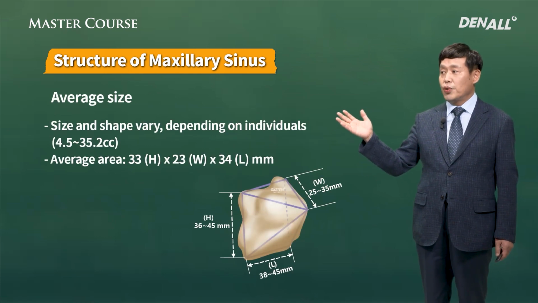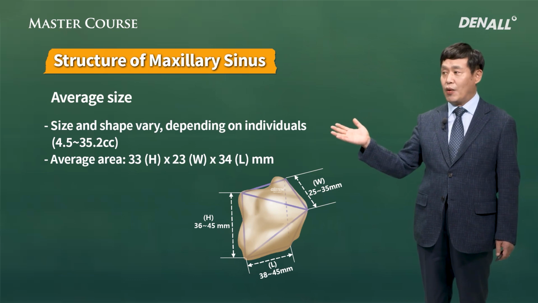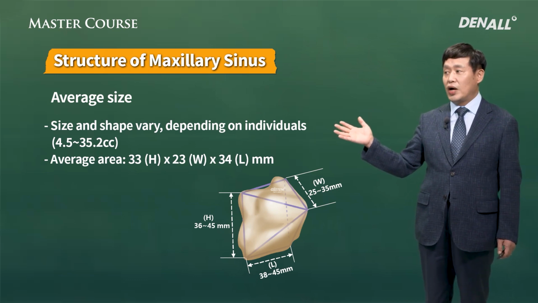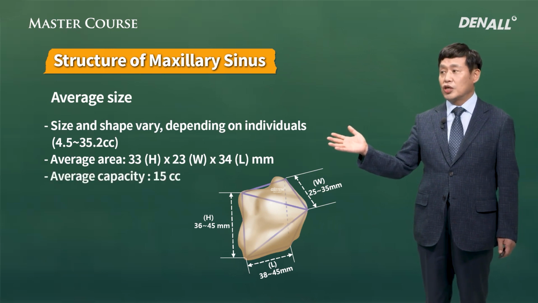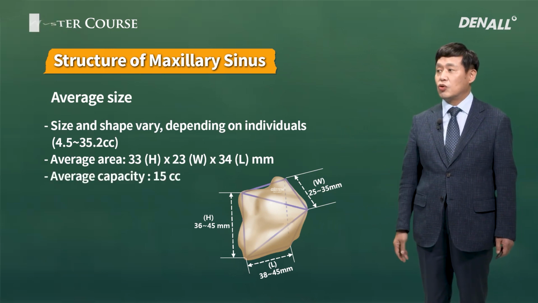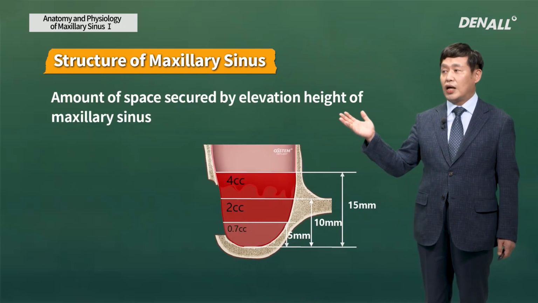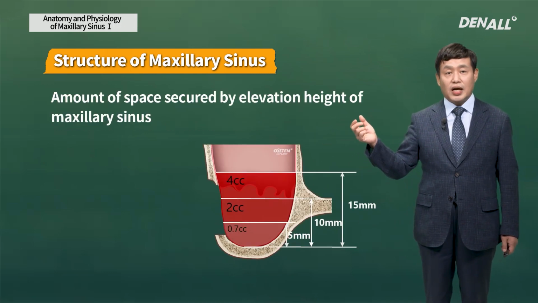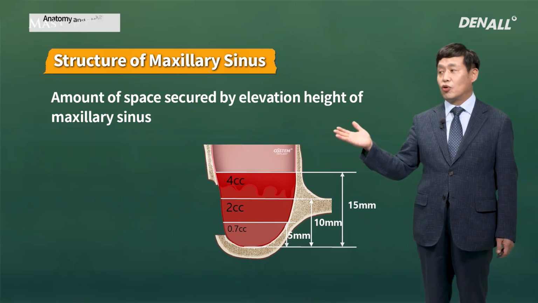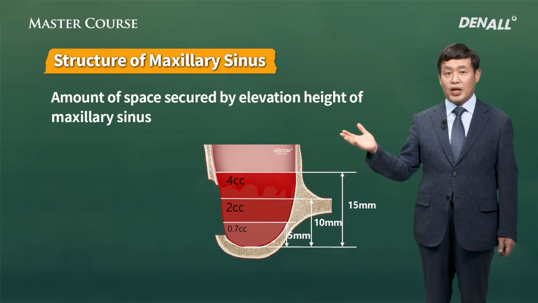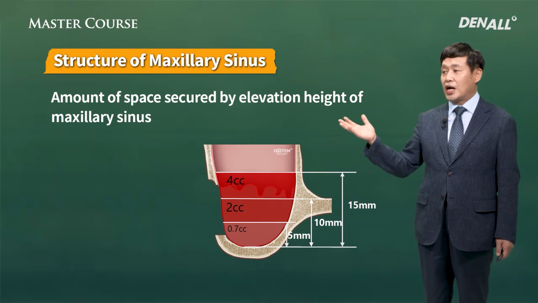The average size of that is about 40 millimeters in height and 35 millimeters in width. As I said before, the average volume is about 15 cc. Sometimes we get this kind of question. For maxillary sinus bone graft, what is the amount of graft? It depends on the size of the sinus and the width of the sinus.